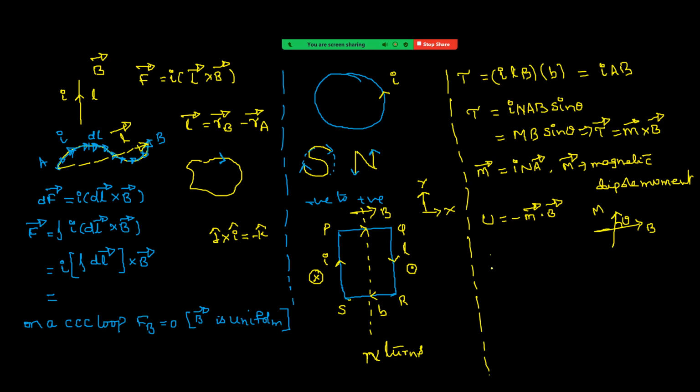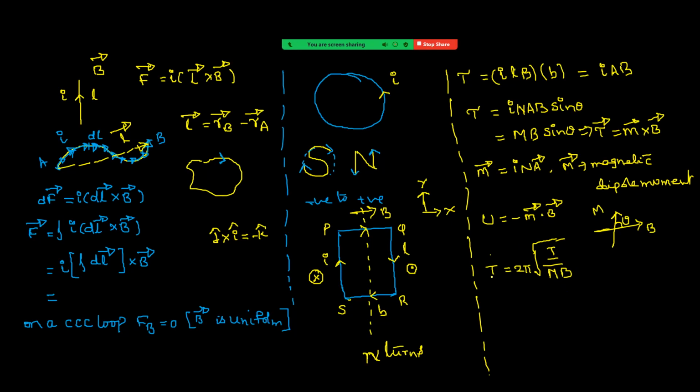Then the time period of oscillations is given by 2 pi root I by mB. I'm taking this directly from electric dipoles. In electric dipoles, in the place of M it is P, electric dipole moment, and in the place of B it is E, electric field.